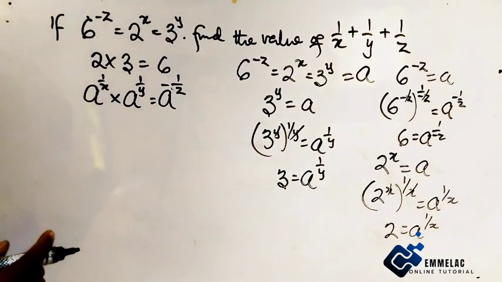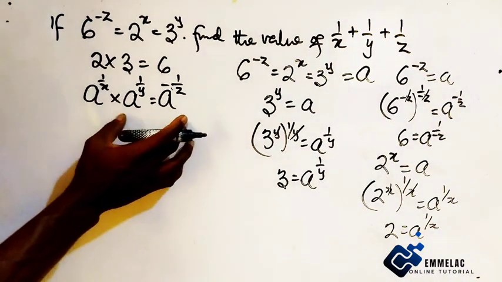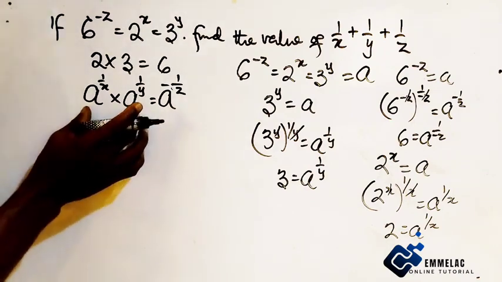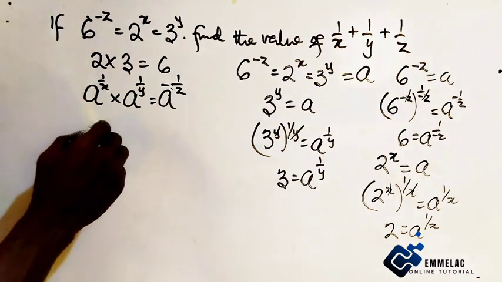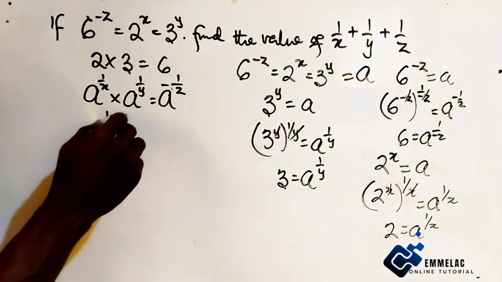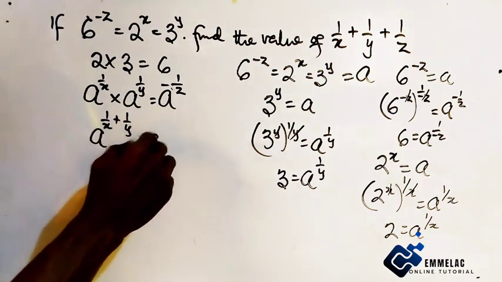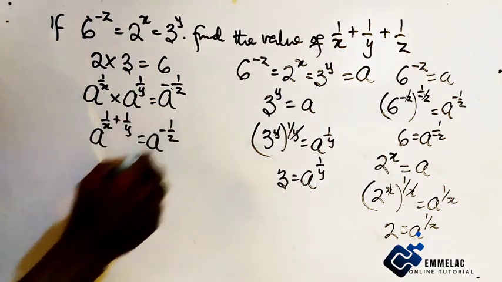Okay, so in this case, since we have a common base, using the law of indices, we have a raised to the power 1 over x plus 1 over y equals a raised to the power minus 1 over z.